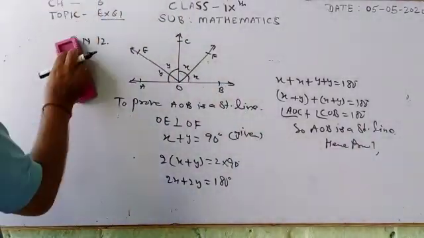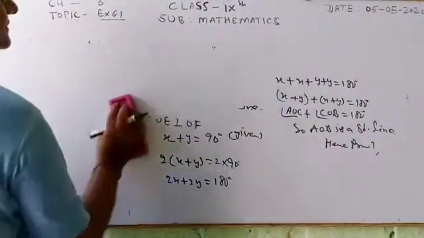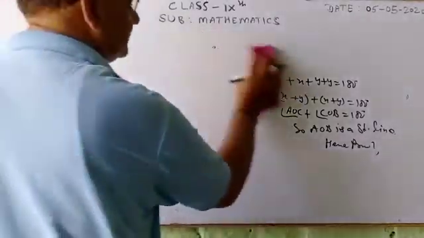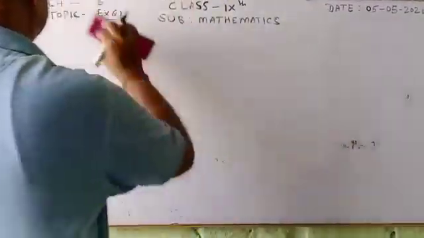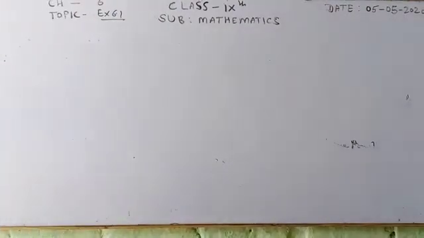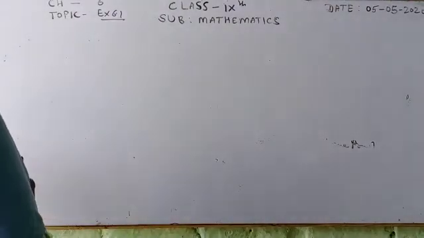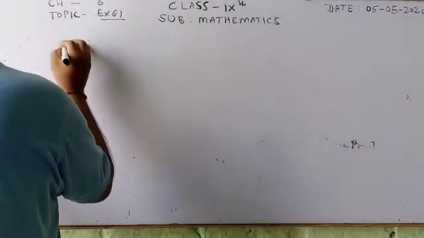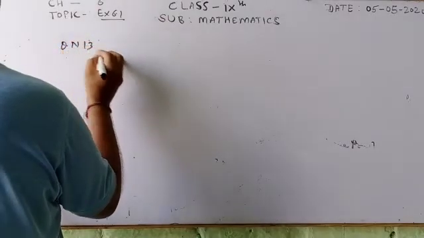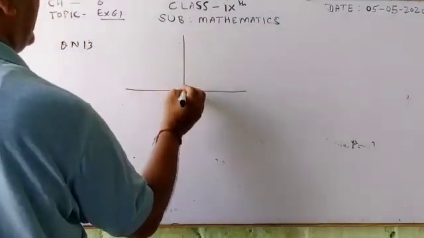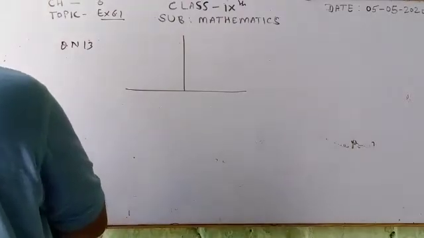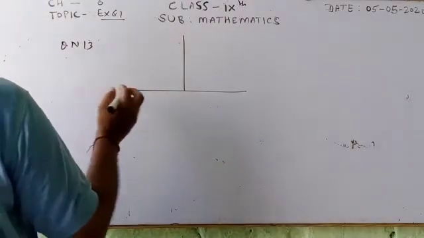Next question. Question number 13. We are given that AOB and BOC are two right angles and we have to prove that BOC is a line.